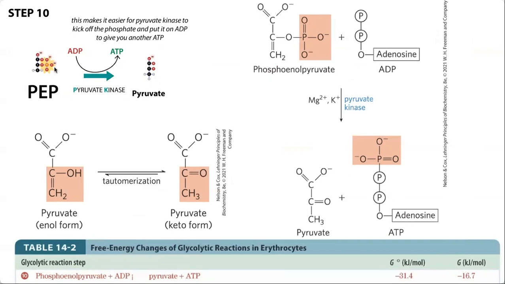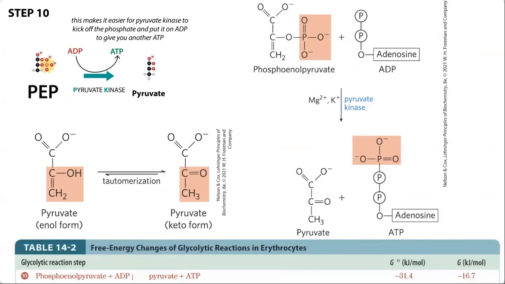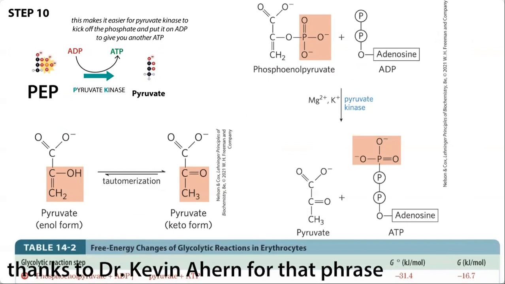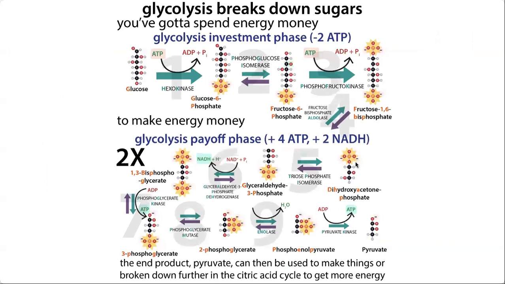And so we're going to let it release that phosphate group, transfer it to ADP to give us ATP. This is going to give us this energy that's like the Big Bang at the end of our pathway. And this is going to give us another ATP, which again, is going to happen twice. So that's why we get 2 ATP here, 2 ATP here, but we use 2 ATP here.